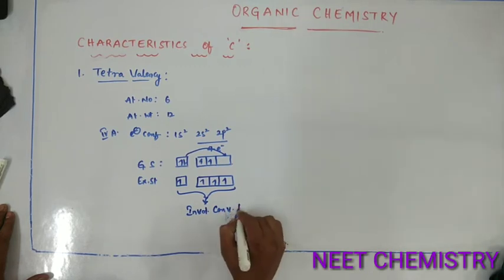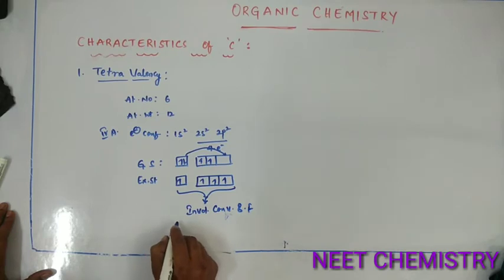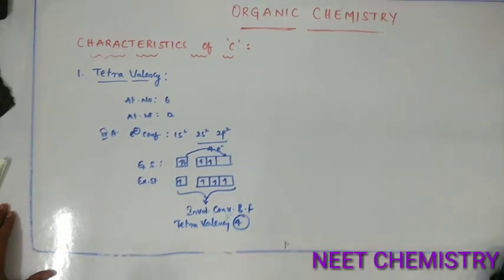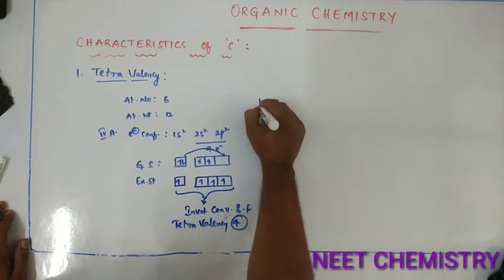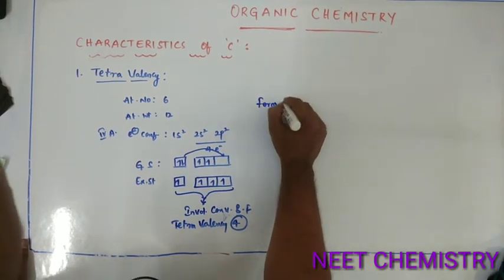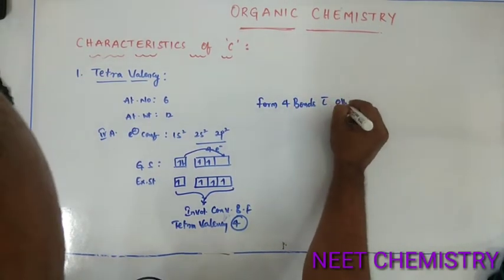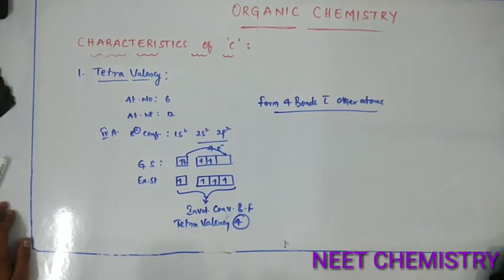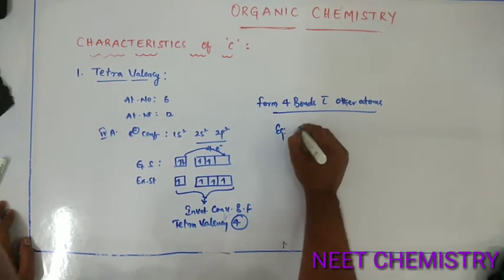That's why carbon shows tetravalency, that is 4. It can form 4 bonds with other atoms. Example, CH4.